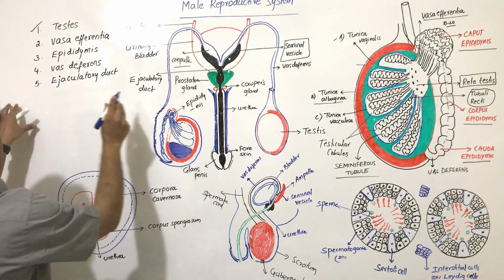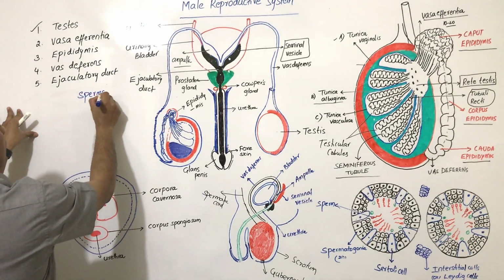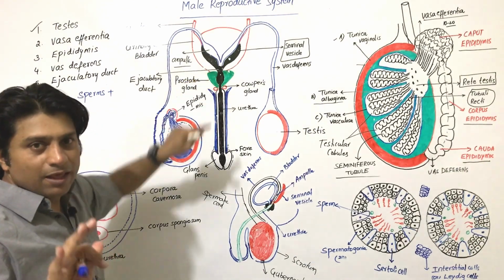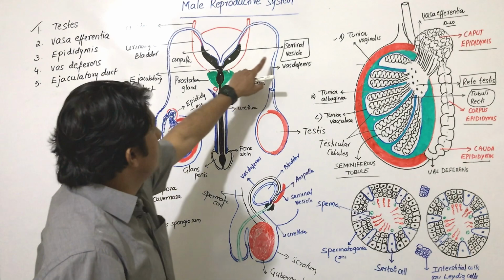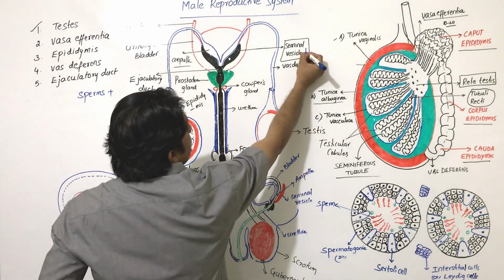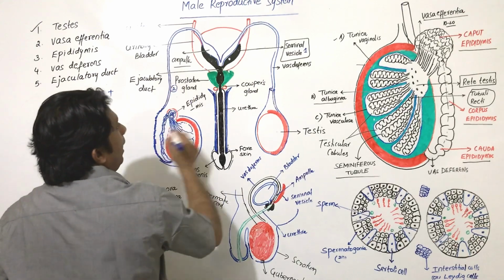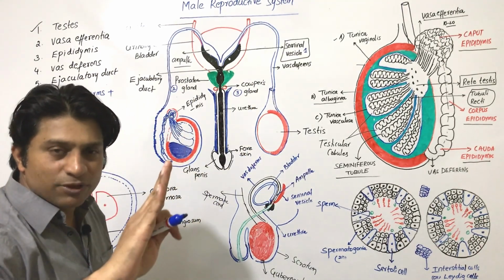Like sperms plus the secretions of glands. There are three glands in the male reproductive system: one is the seminal vesicle, second is the prostate gland, and third is the Cowper's glands.